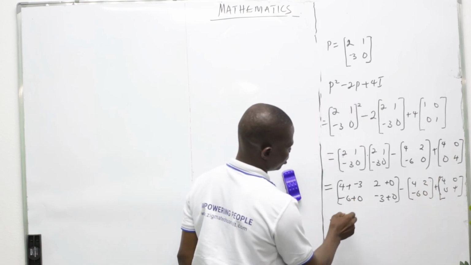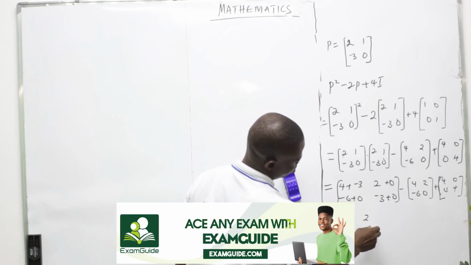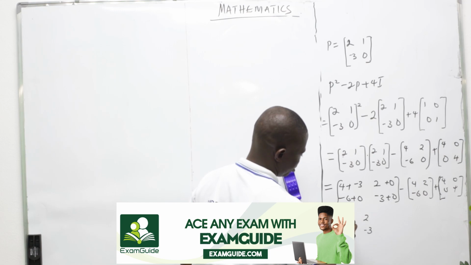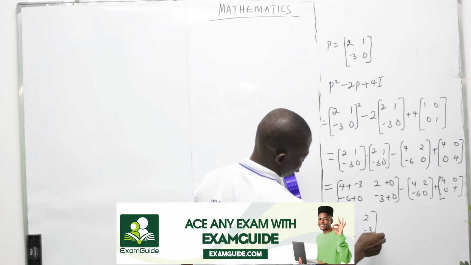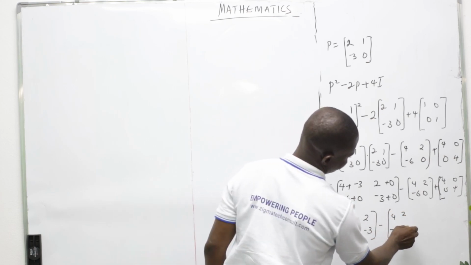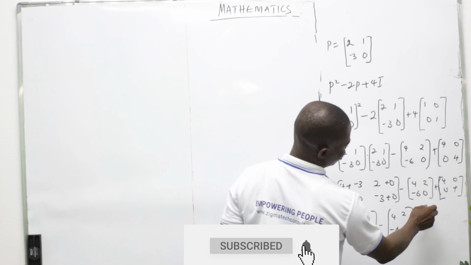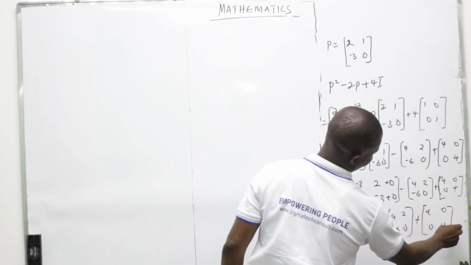This will give us, this is minus 7, minus 6, 2, minus 3. Minus 4, 2, minus 6, 0. Plus 4, 0, 0, 4.